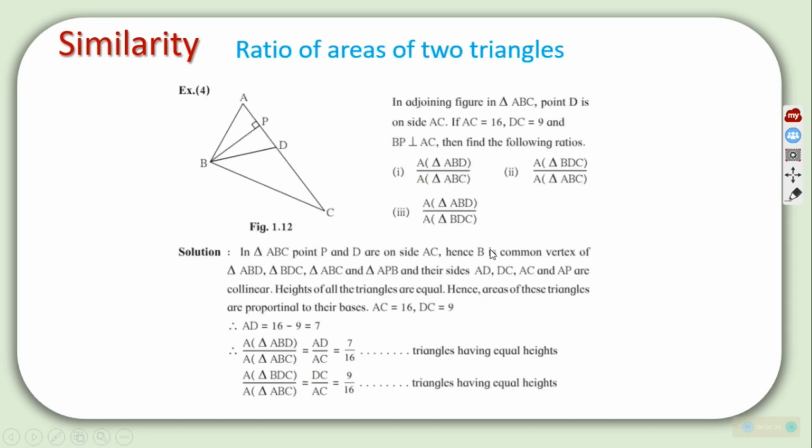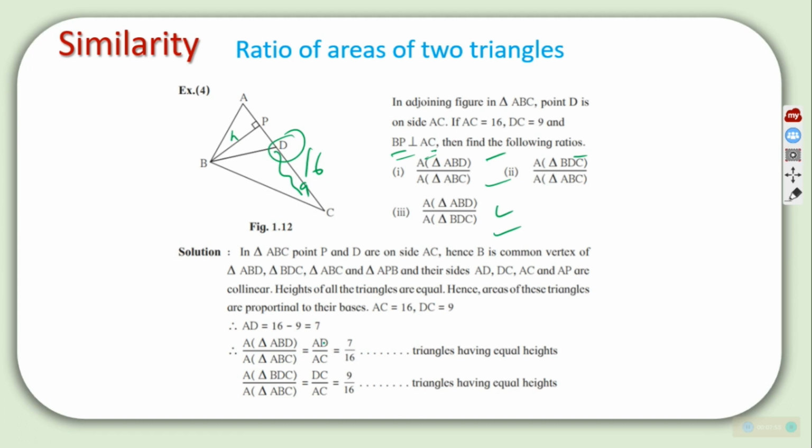Another example is there where you are applying another common sense. In the adjoining figure ABC, point D is on the side AC, and if AC is equal to 16 and DC is equal to 9, that means this much is equal to 9, and if BP is perpendicular to this one, that is the height in that case, then find the following ratios. You are asked to find the ratios of the areas of the triangles.